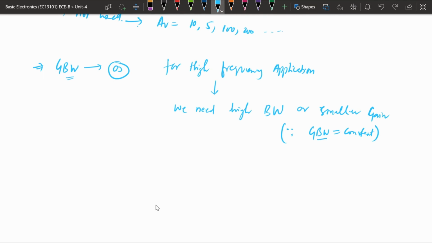To reduce the gain, we will be using the concept of feedback. Feedback means output will be part of input. So we will be considering the output as a part of the input also, and we need to connect the output terminal with the input terminal. That's why we have the feedback concept.